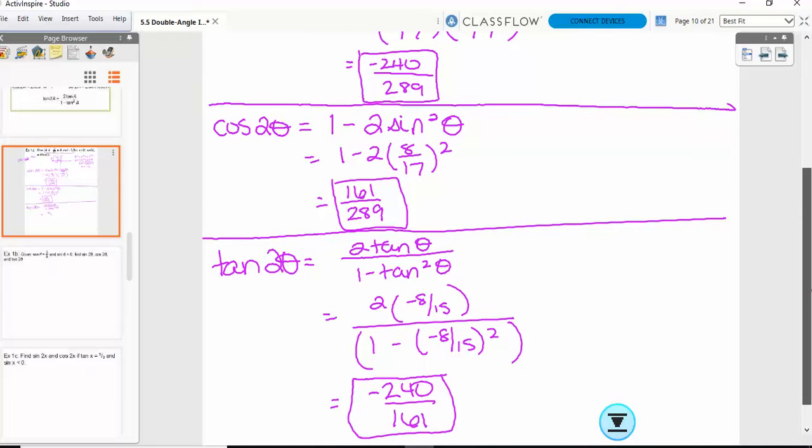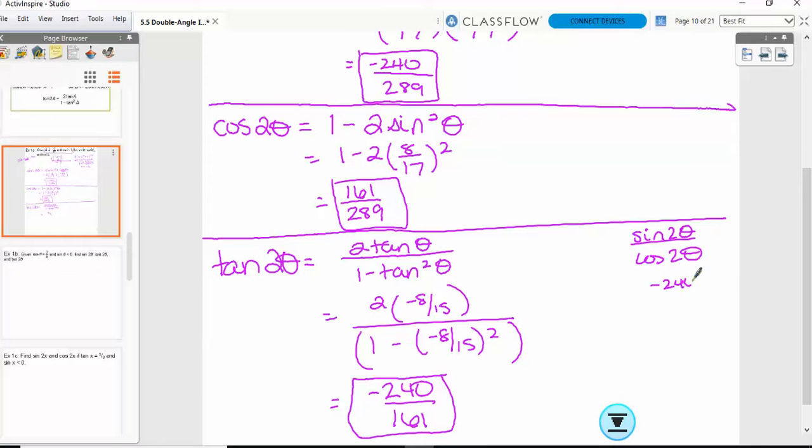There's a second way we could have gotten tangent. Tangent is sine over cosine, right? Since we'd already found sine 2 theta and cosine 2 theta, you could have just divided those.